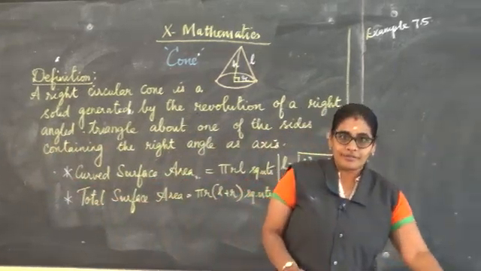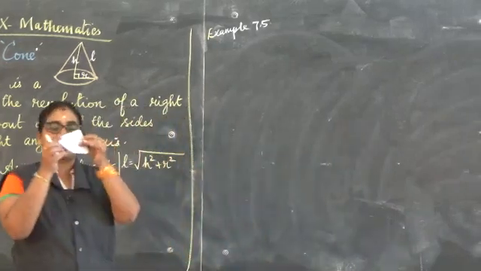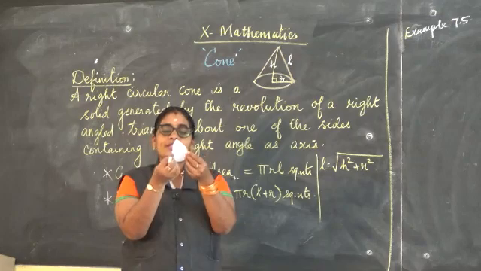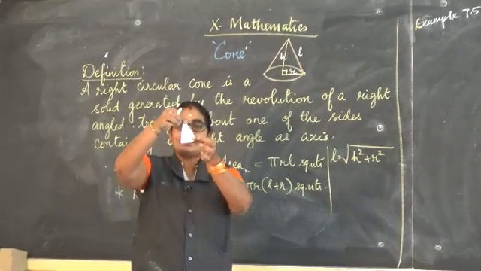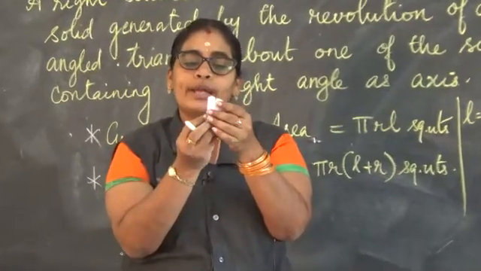This cone will be taken from your circle as one part, the sector. This is a sector. When I join the ends of the sector like this, you will be getting one cone. So, you know how to get a cone.